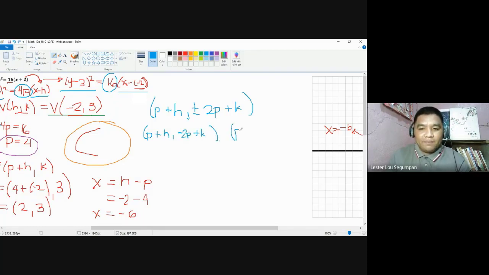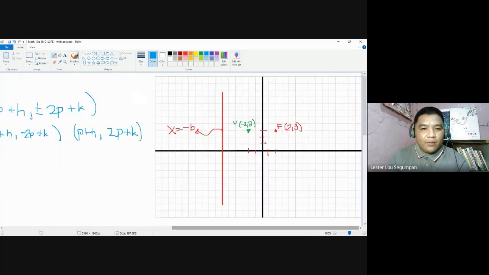The second, we have p plus h and the positive 2p plus k. We already have h and k here. We also have p. Let's substitute, and let's see if our latus rectum is really this side, and if it contains the endpoints that we will get later.